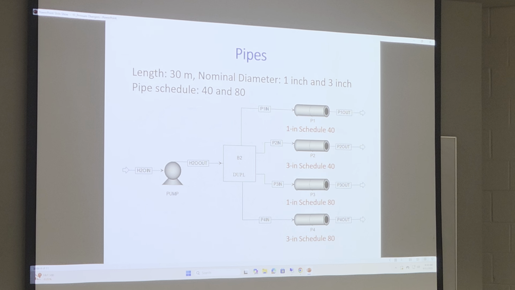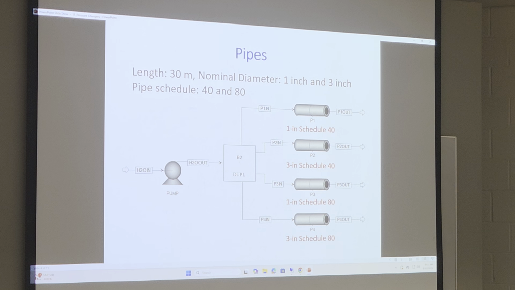Wall thickness. Schedule 80 is thicker pipe. Wonderfully. So as you increase the schedule number, the wall thickness increases. So schedule 80 has a thicker wall than schedule 40.